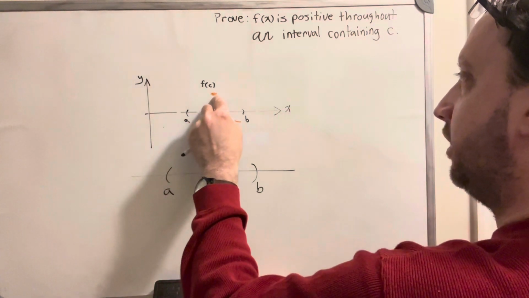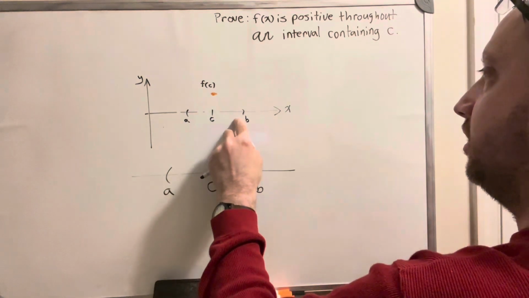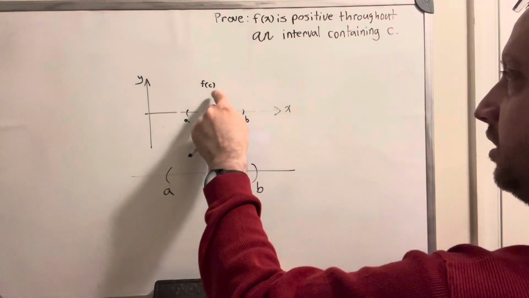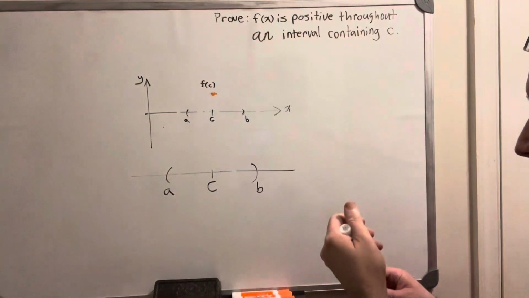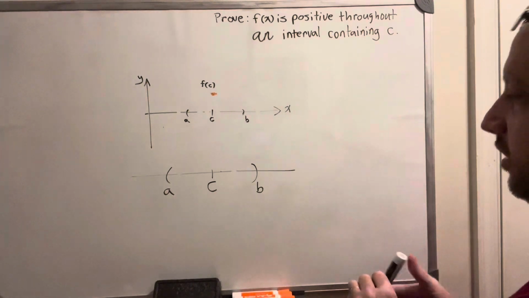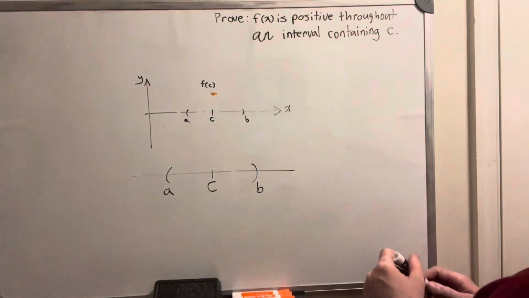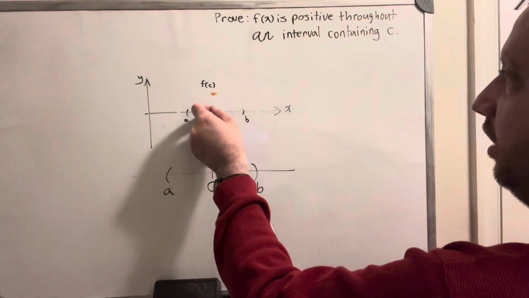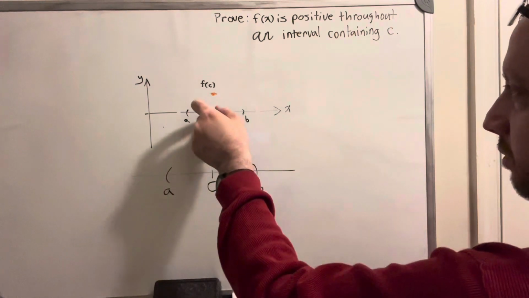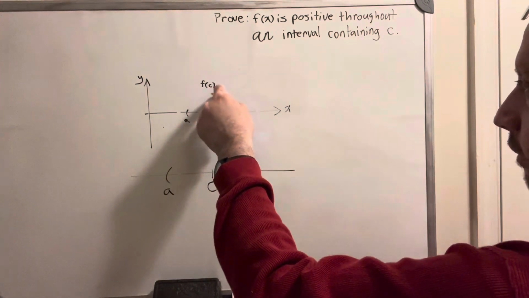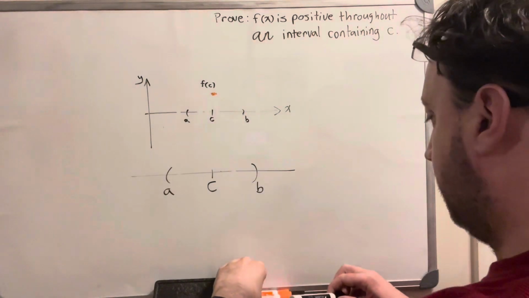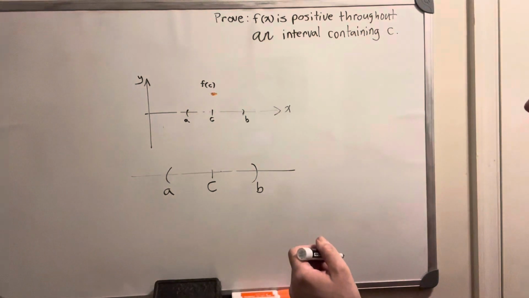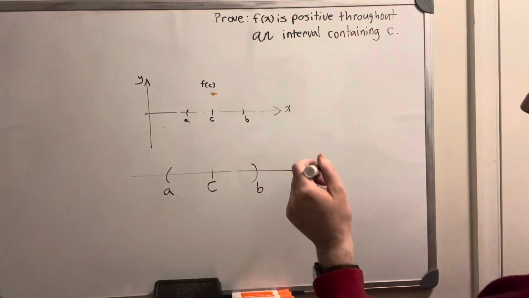The question is, is there any way where the function is continuous over this whole region, and we said that it's positive for this one value? Is there any way that you can draw the function so that there's no interval that you can possibly draw where it's positive for every value in addition to c? Let's assume the opposite of that.